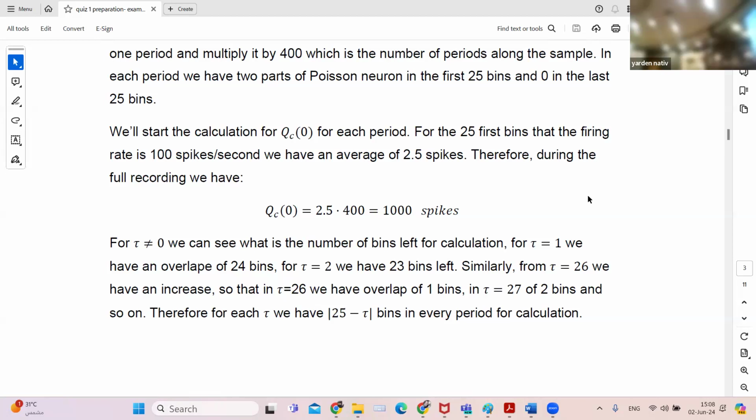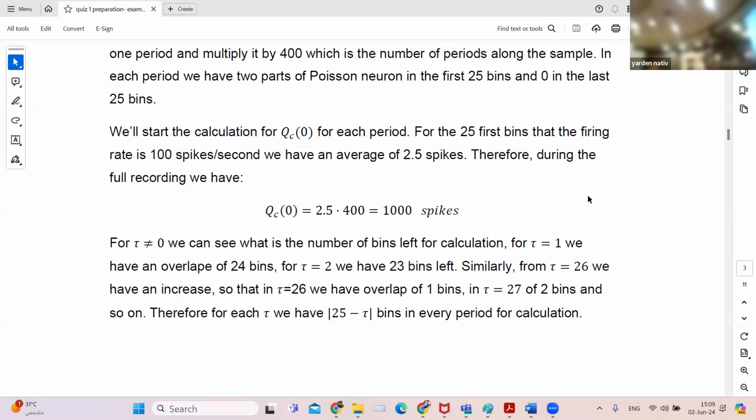And then when I'm going on, I still have between 25 and 50. What happens there? I can look, for example, at 26, and we understand why it will look the same. There will be still overlapping of only 24.